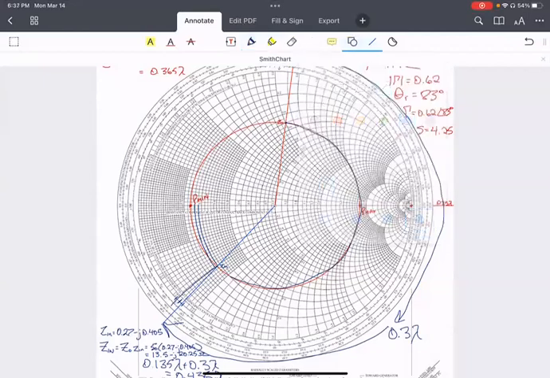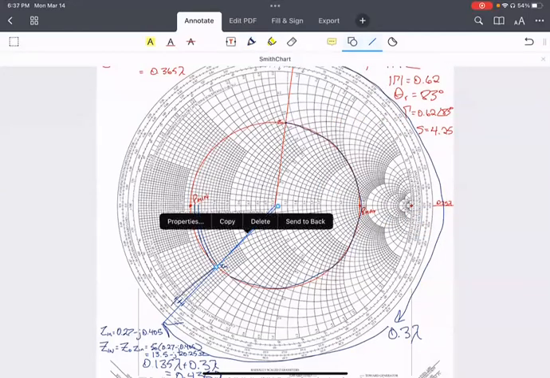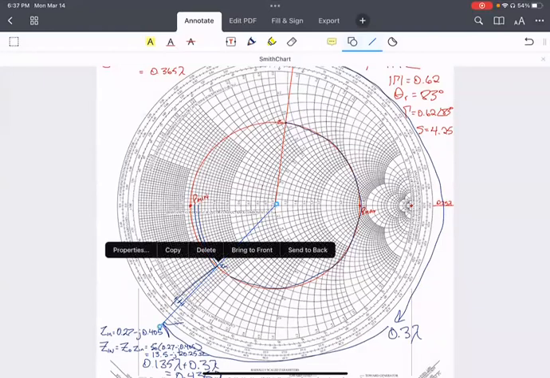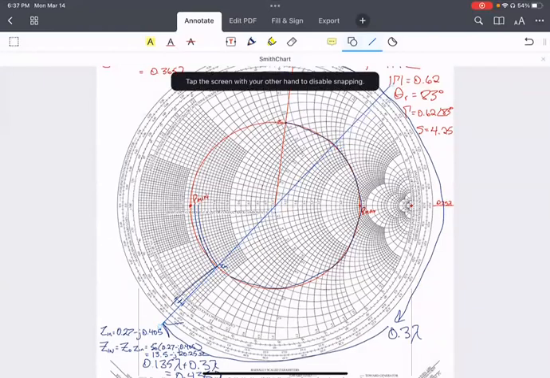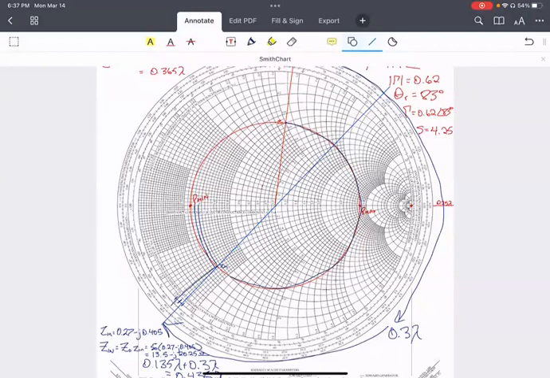So we continue this line through because it's asking for the input admittance. We take the line that started from the input impedance and extend it through. If it had asked for the load admittance, then we would take this red line and extend it through. But it asked for the input admittance.